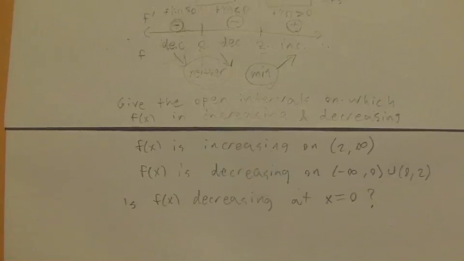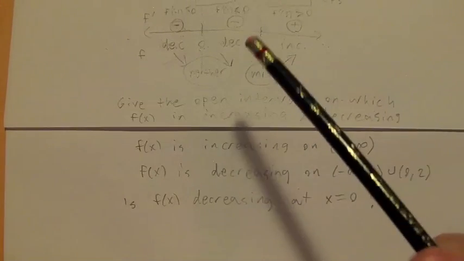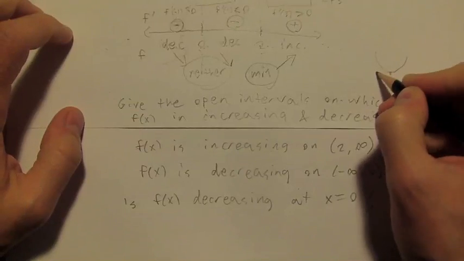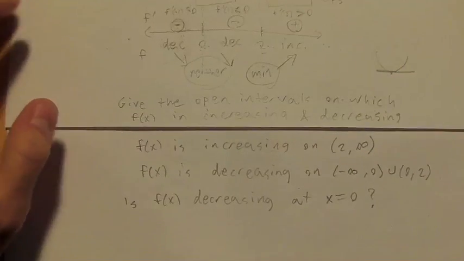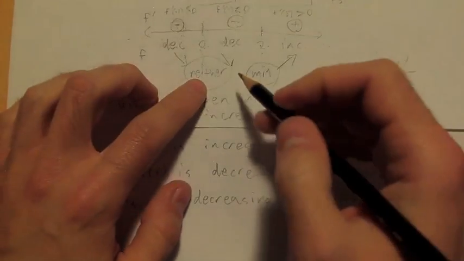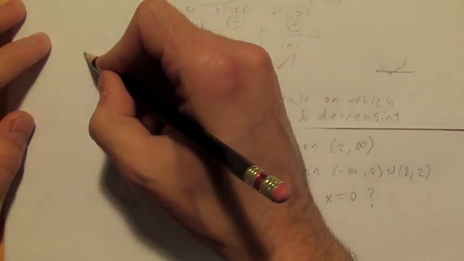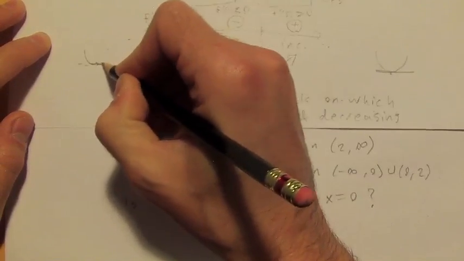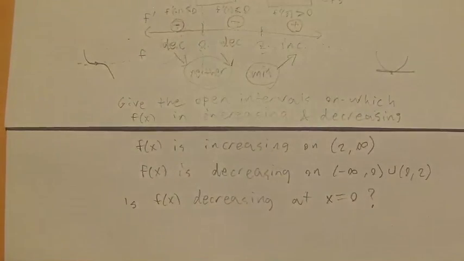Think about that. Because if you think about what's happening at 2, you would say definitely not, right? We have a local min, and at that point, it's the point where it turns around. But here at 0, it goes from decreasing to decreasing, which makes it look something like this. And the answer is actually no. If you're talking about the rate of change, that's where the function stops.